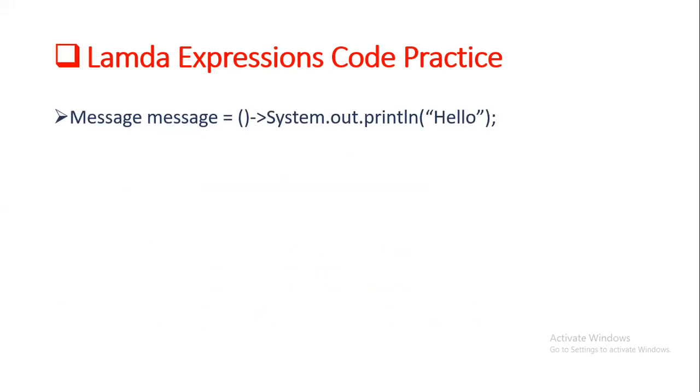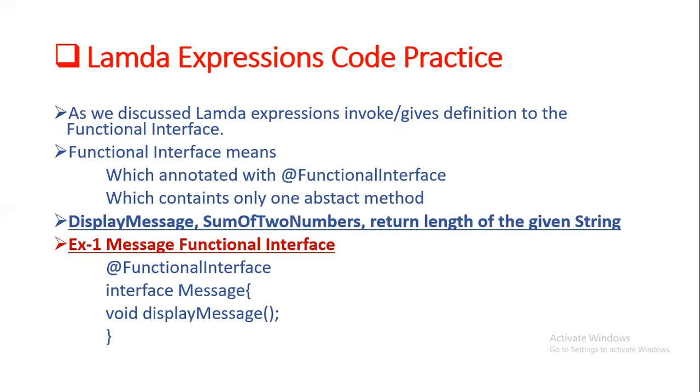In the last class we discussed that to write lambda expressions, a modifier is not needed, a return type is not needed, and a method name is not needed. So we removed all of this: modifier removed, return type removed, method name removed. Just the parentheses we are taking.